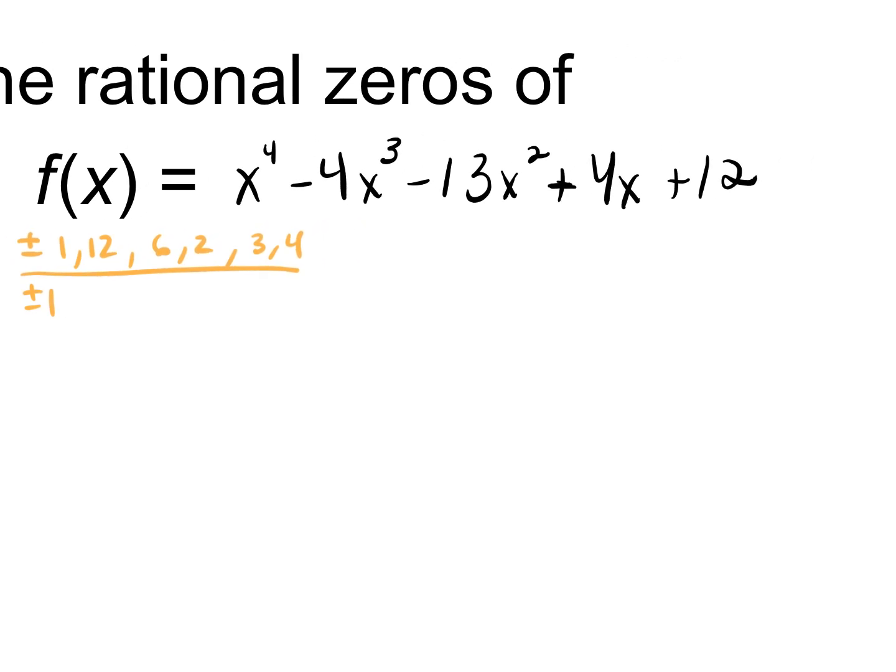Inside the box, am I missing any terms? No, so we can just put our coefficients. So 1, -4, -13, 4, and 12. What do you want to try first? We've got 4 possibilities. We need 4 answers. Any suggestions on what to try first?